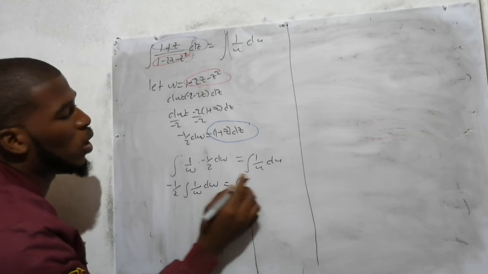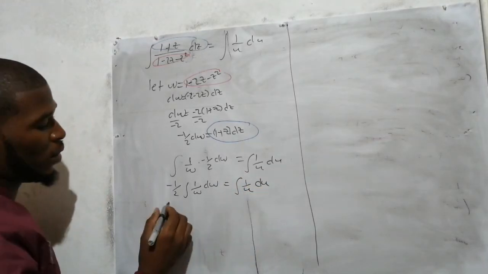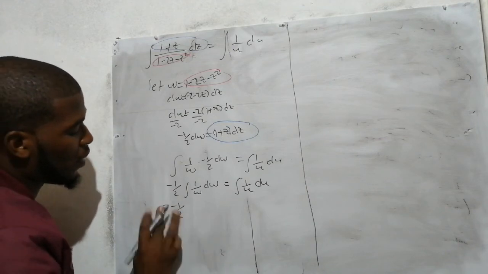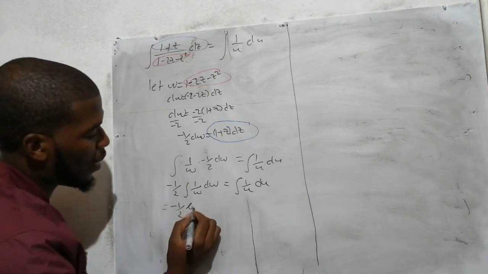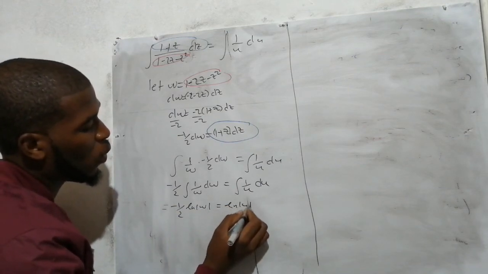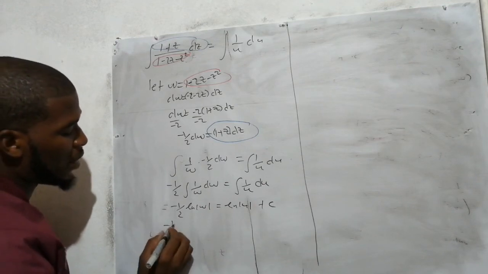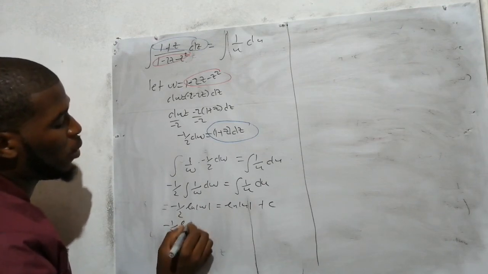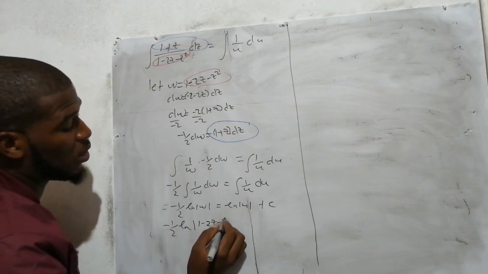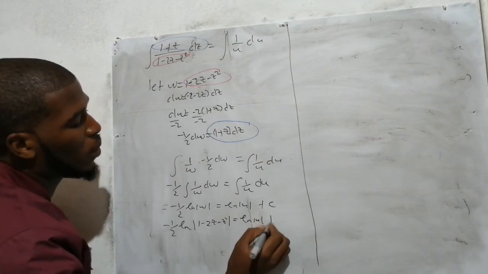If you don't know how to integrate 1 over w dw, you are going to write BMW very soon. The integral gives negative half ln w equals ln u plus c. Remember that our w was given by 1 minus 2z minus z squared.